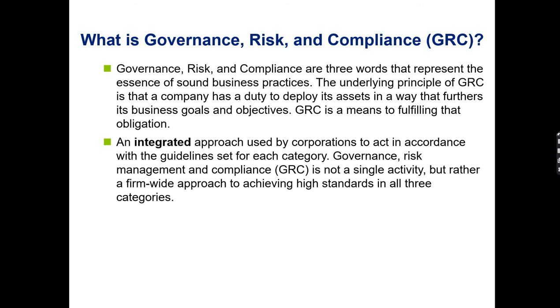So GRC helps in two ways: one is following the process, and second, all the automation happens. Governance, risk and compliance is an integrated approach, so all work together and are not separate. There is a rule, there is following of the rule, and if not following, there is a risk. Any rule gets created to reduce a risk.